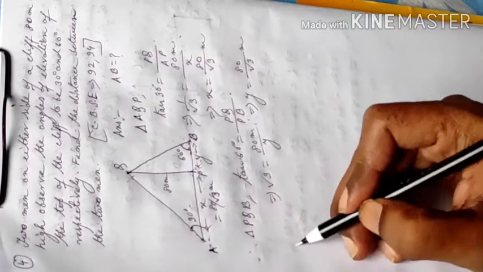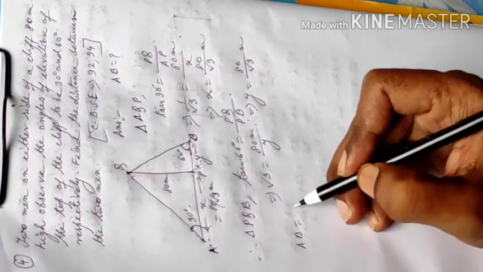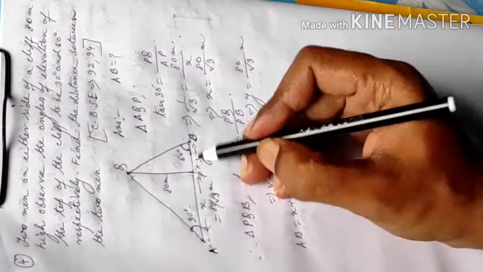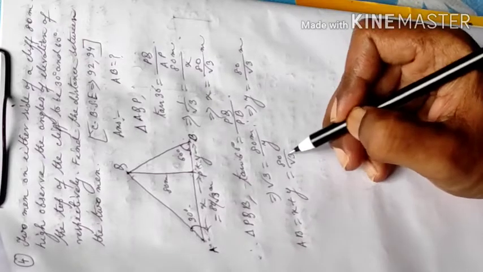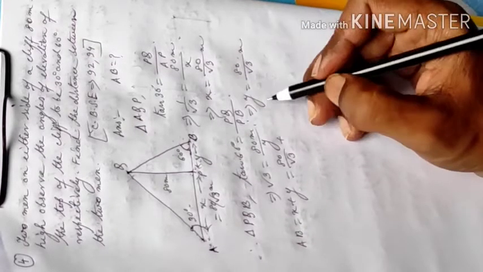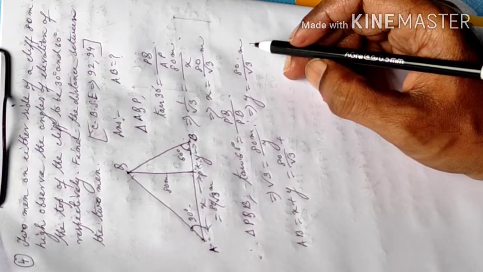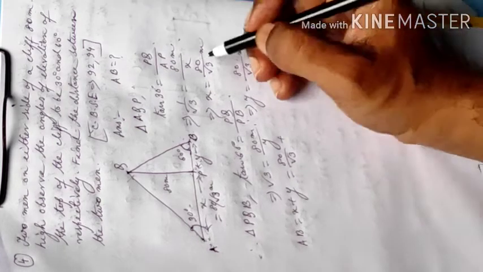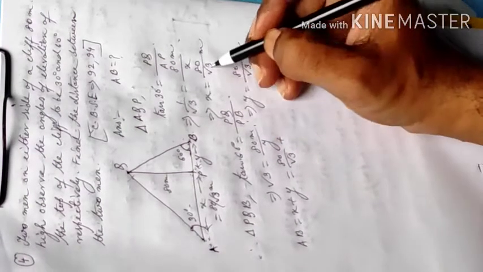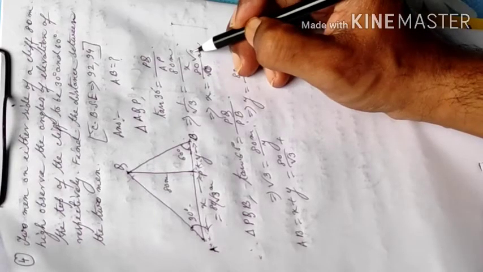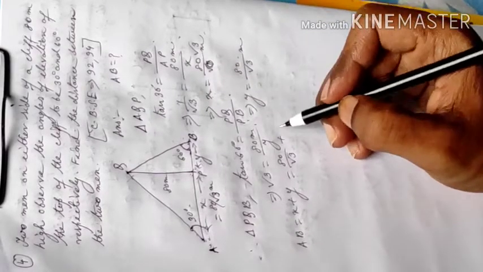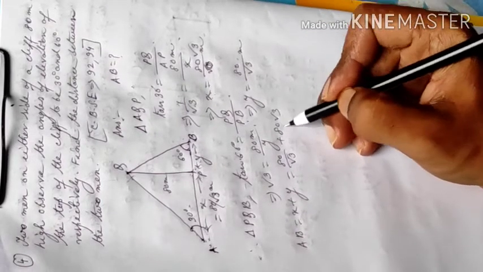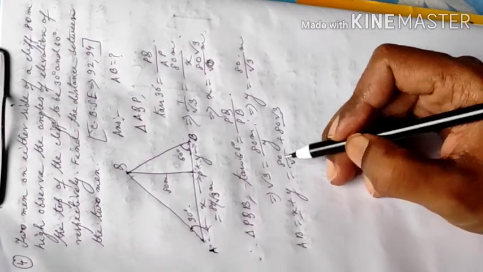So total distance AB is equal to x plus y. Put the value: x is equal to 80 root 3, and y is equal to 80 by root 3.